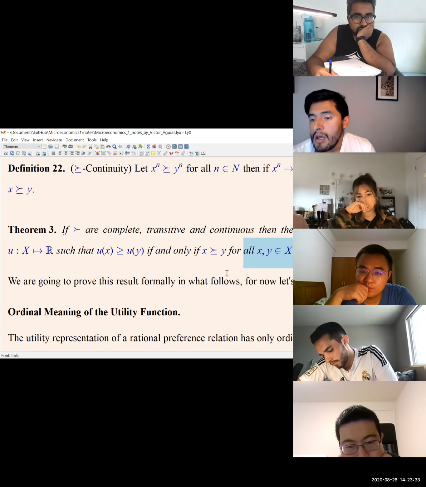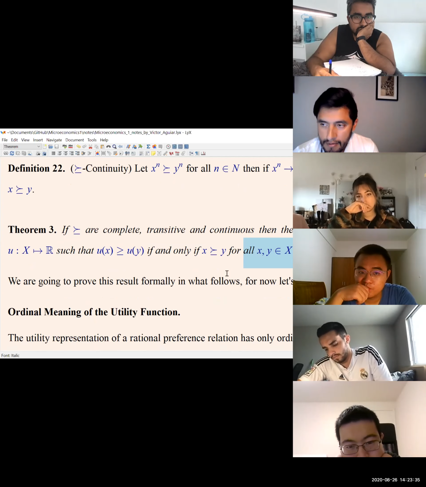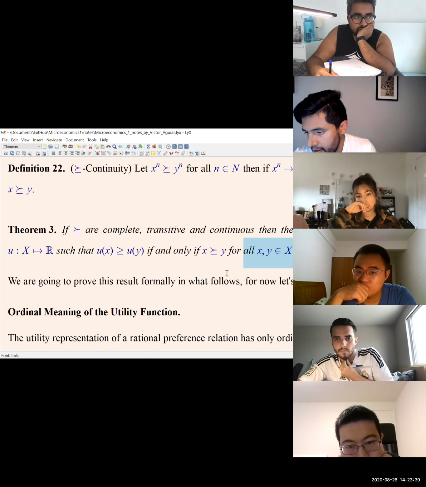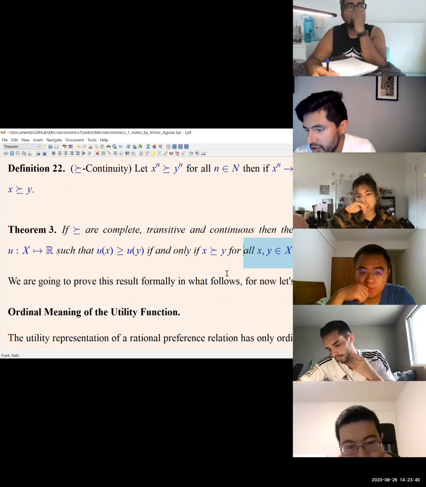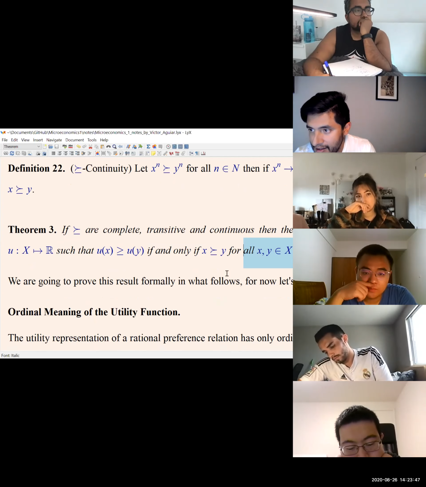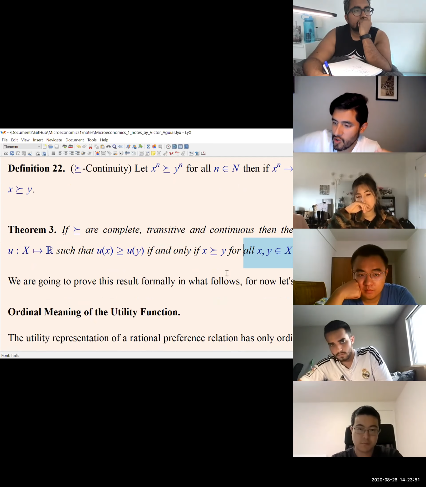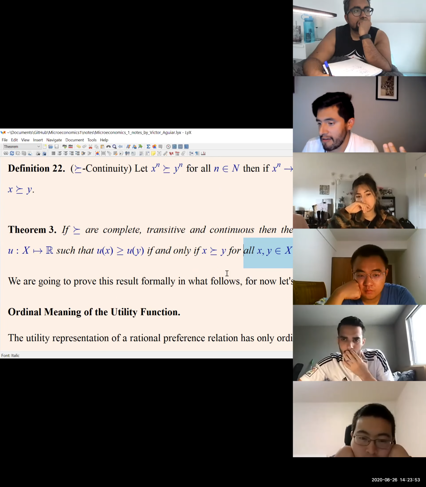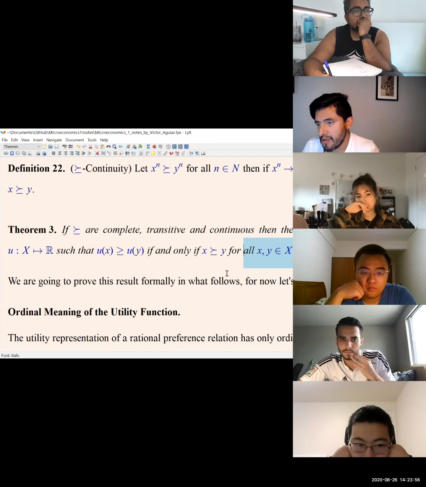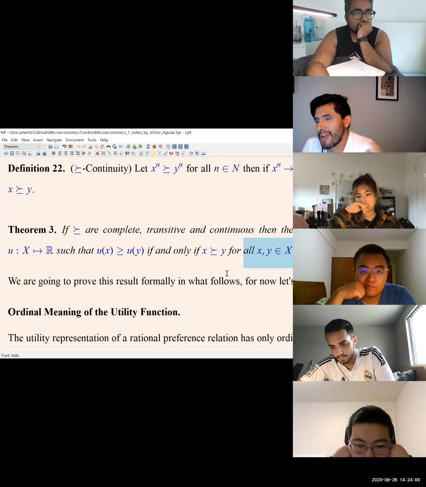Now, why did I say that continuity is not a behavioral thing? Can you test continuity? Not really, because you would need an infinite number of experiments. In order to test continuity, you would need to ask a sequence of experiments and then actually take it to infinity. There is no way I can do that in real life. In finite time, I can never test continuity. So why do we care about continuity?